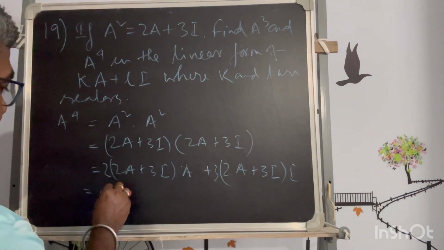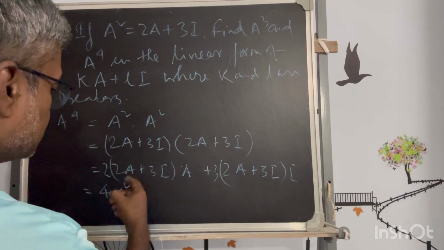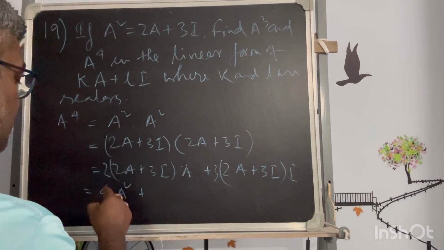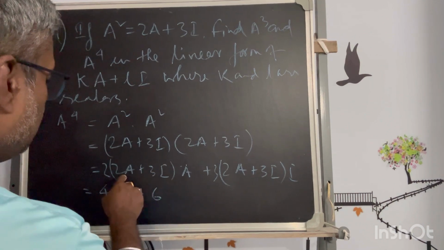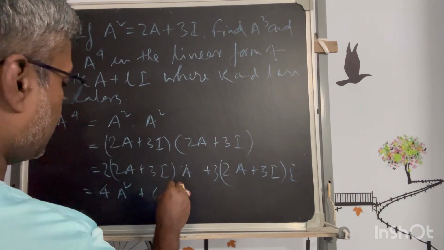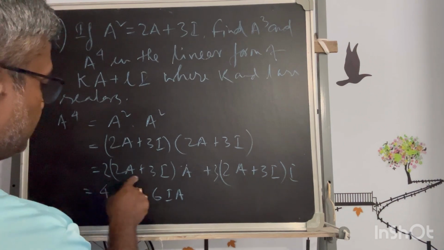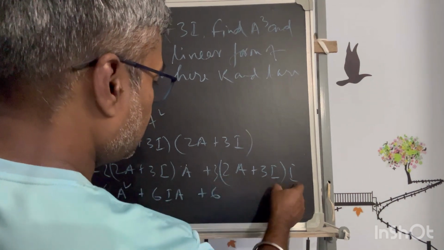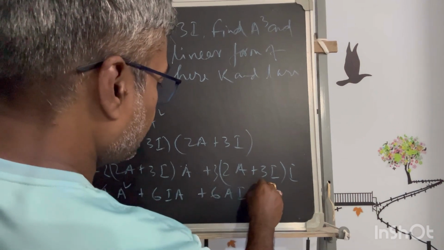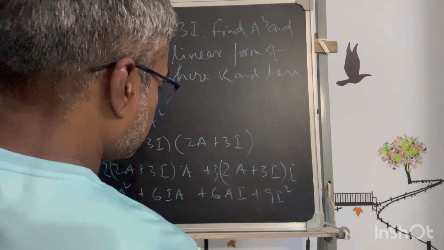So this is 4 into a square, a into a. I am not keeping a into a, I am directly writing a square. So 2 into 3 is 6, a into I. 2 into 2 is 4, a square, 2 into 3 is 6, I into a, then plus 6 a into I plus 9 I into I, which is I square.